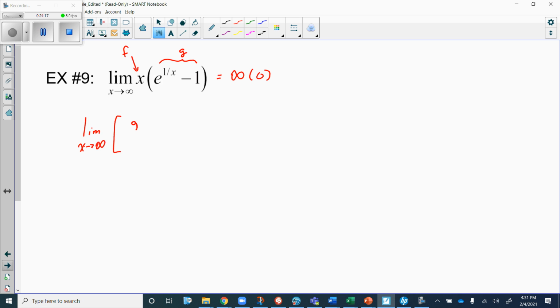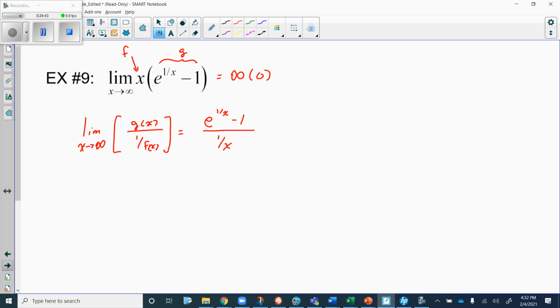So here I'm going to say g of x over 1 over f of x. I'm not going to do any derivatives yet, I'm just going to write it in that form. So I'm going to say e to the 1 over x power minus 1, divided by 1 over x.